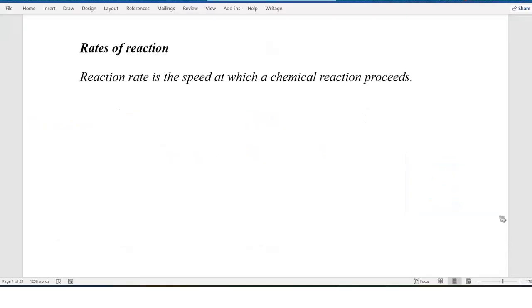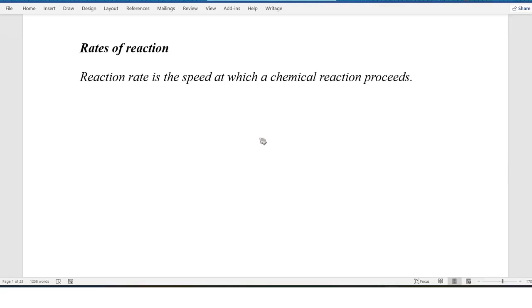So, dear colleagues, we are continuing with our series of chemical kinetics concepts, and here we are talking about rate of reaction. The rate of reaction, or the reaction rate, is the speed at which a chemical reaction proceeds, and it is often expressed in terms of either the concentration or the amount per unit volume of a product that is formed in a unit of time, or the concentration of the reactant that is consumed in a unit time.